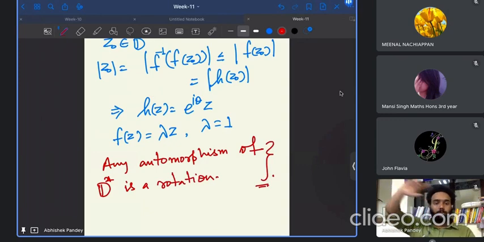We have seen the automorphism of the unit disk, which will be of the form (z minus a) upon (1 minus a bar z) into e to the power i theta. In this case, if you just remove 0, that will be rotation only. Is it clear? Is it okay?